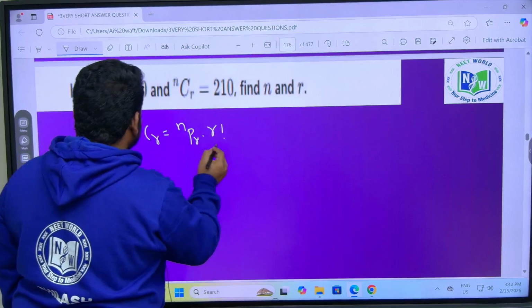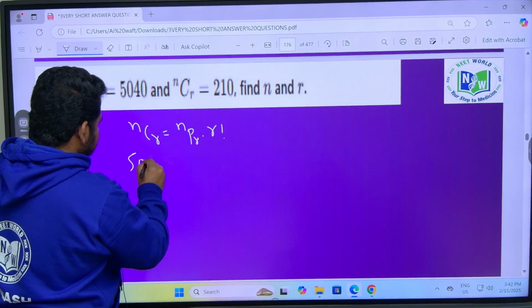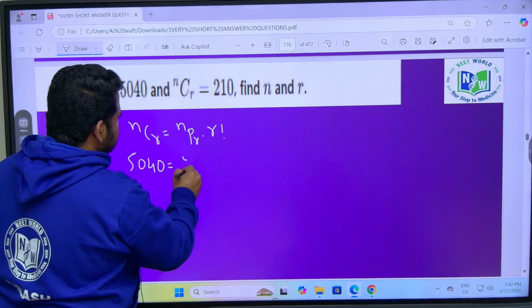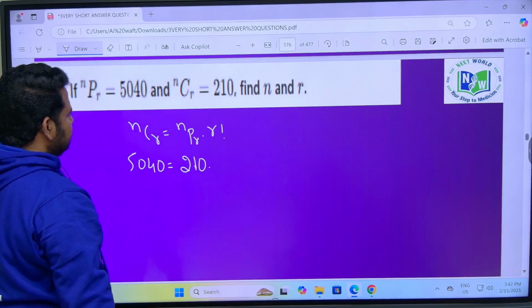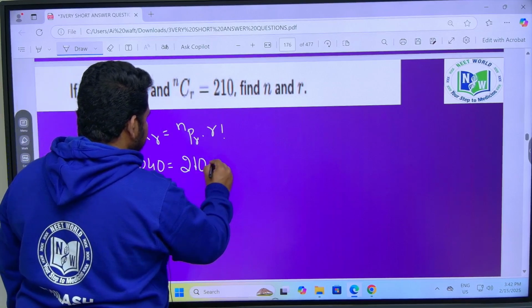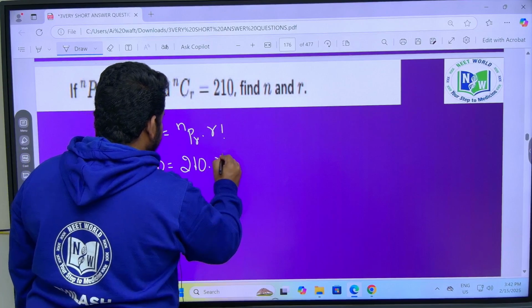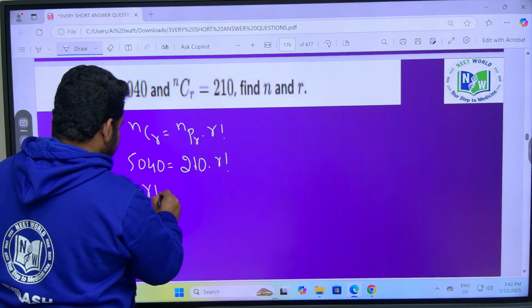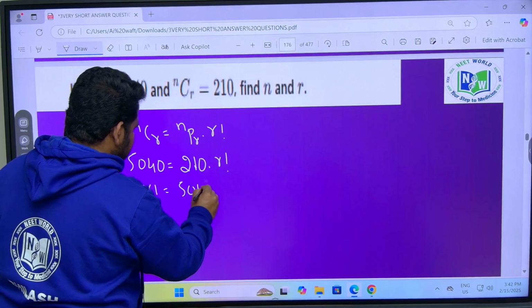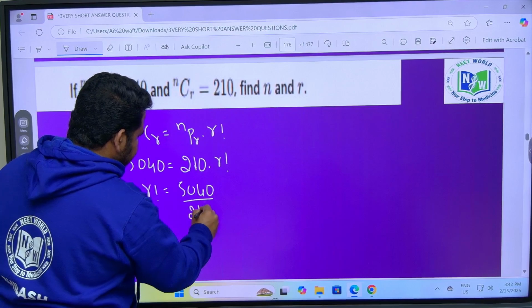So substituting the values, 5040 is 210 into r factorial. So r factorial will be equal to 5040 divided by 210.